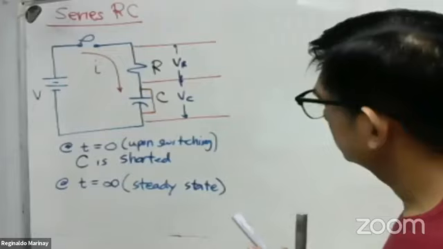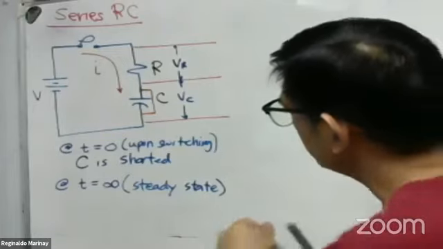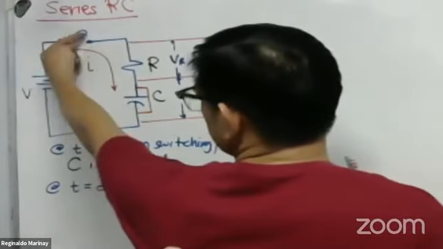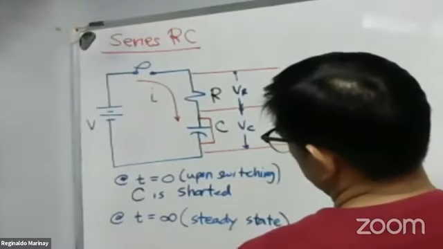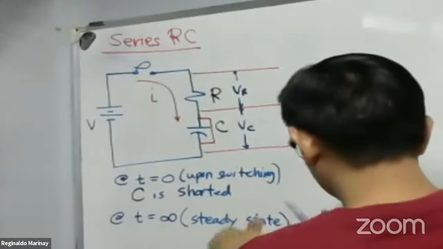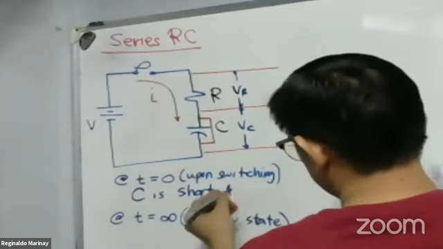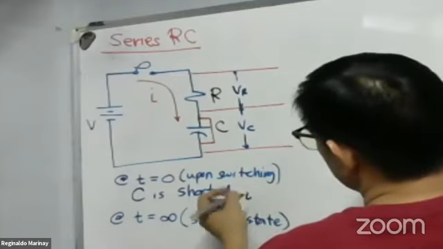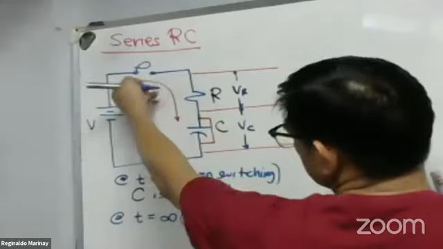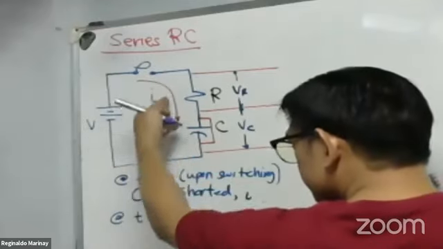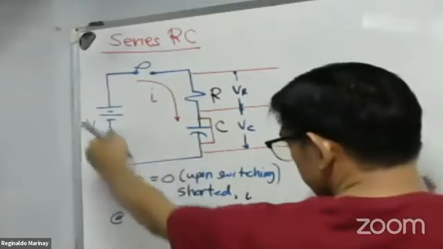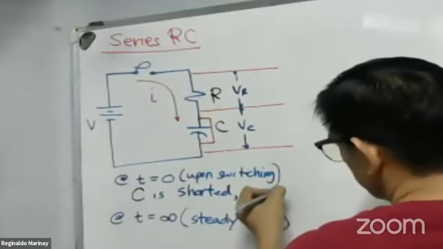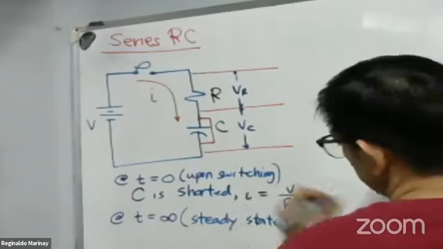At time t is equal to 0, upon switching, our C is shorted. So, therefore, what is our I? Kung shorted yan, ang kuryente natin, it will flow here to our short-circuiting conductor. It's just simply equal to V over R. Ohm's law. Okay?